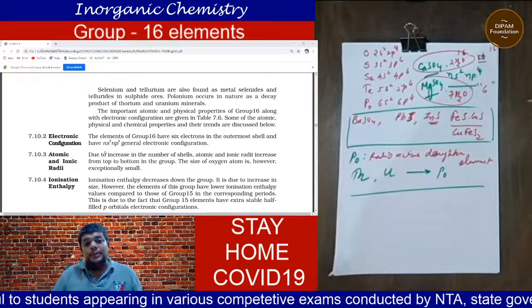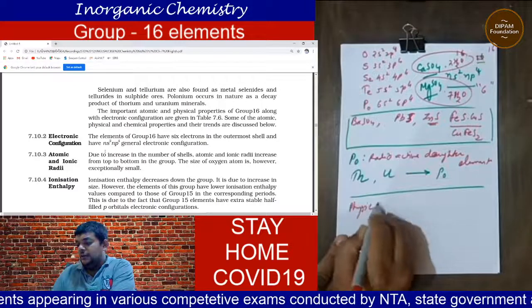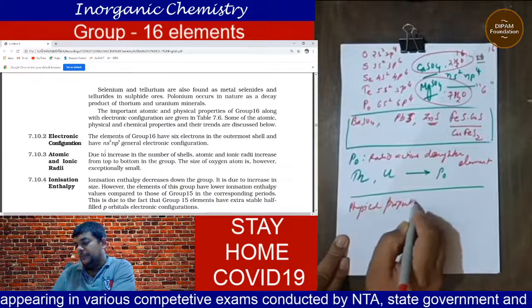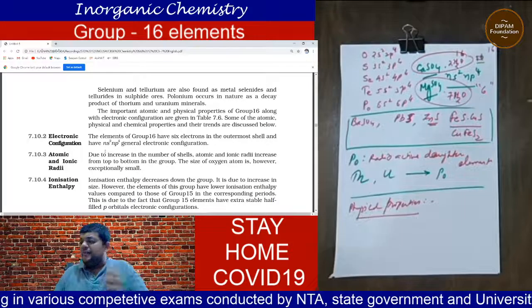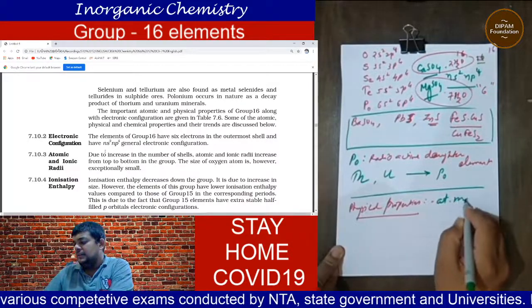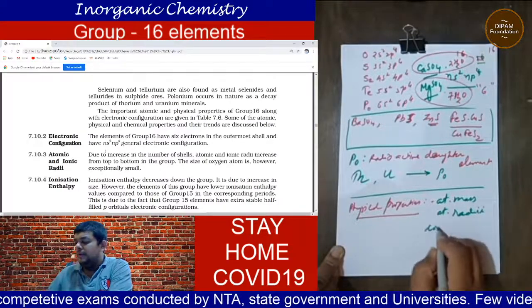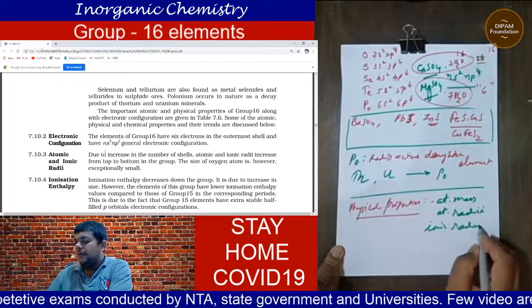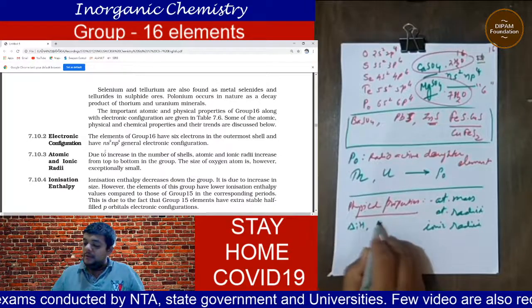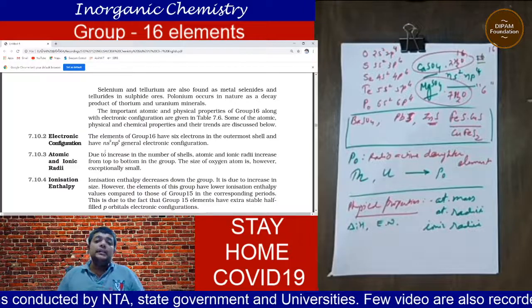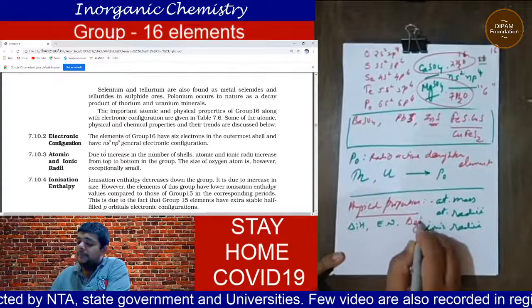Now we are going to start with the discussion of physical properties. Whenever we coin the word physical properties, we generally discuss atomic mass, atomic radii, ionic radii, ionization enthalpy, electronegativity, electron gain enthalpy, and many more.